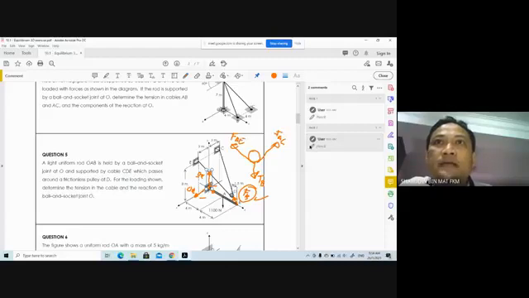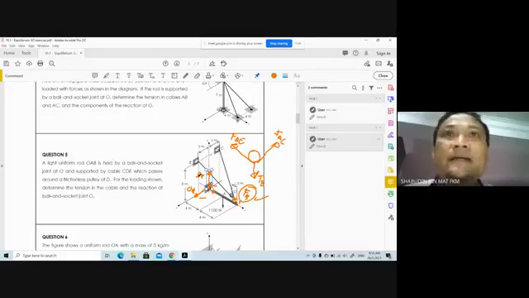Simple enough. Same thing, because you see that it is in the same line here. 3 meters here, and then 8 meters here. It's just a different plane.